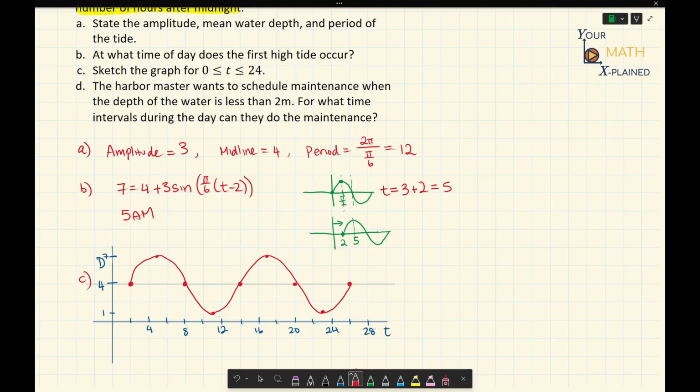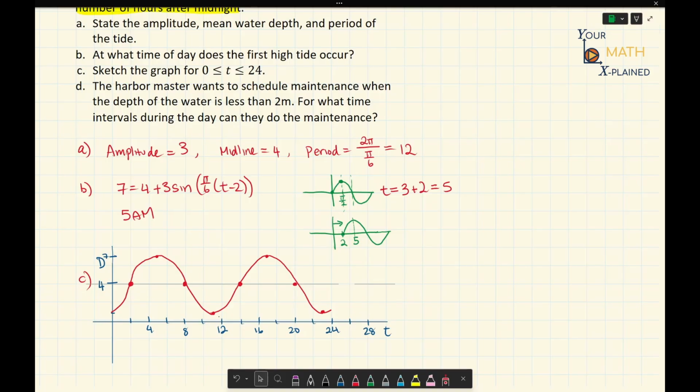And then the last part is that because we're asked to sketch the graph for t between 0 and 24, we need to add the missing part here. So we would have our minimum here, so we're just going to add a little bit there. And then we're going to take our eraser and erase everything that is outside of the given domain. So this is what the graph would look like for t between 0 and 24.